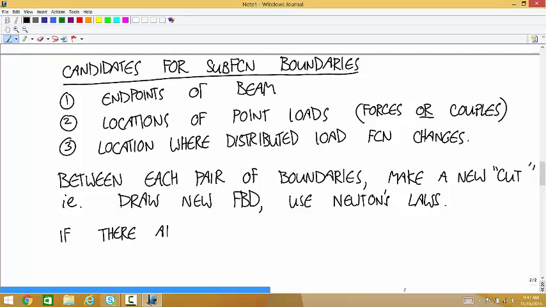If there are n boundaries, then how many cuts are there going to be? N minus 1, yep, exactly.